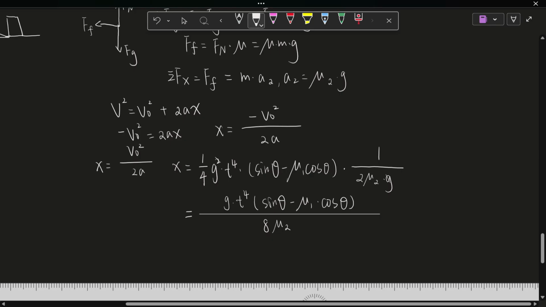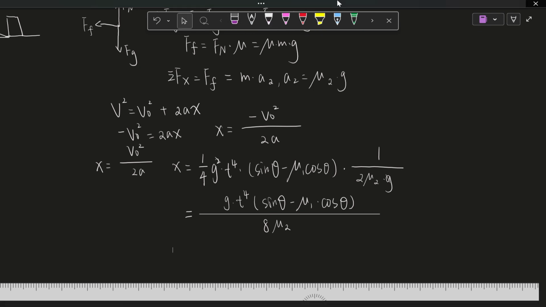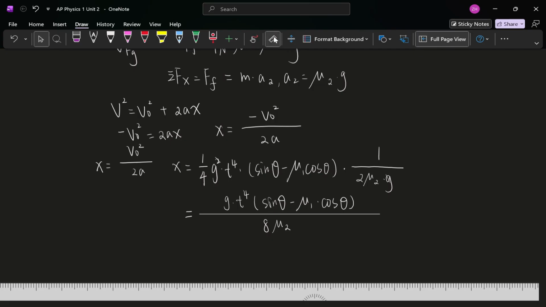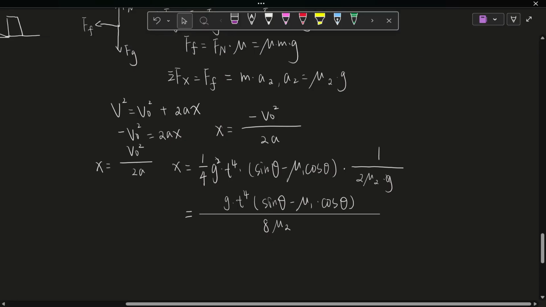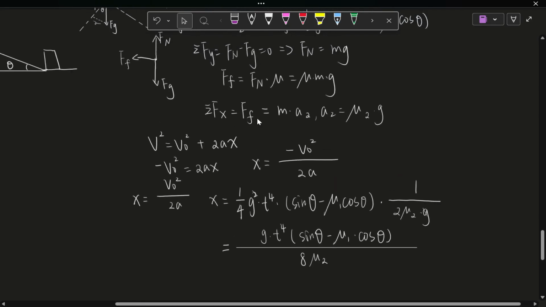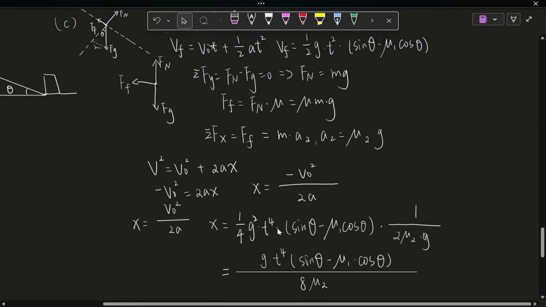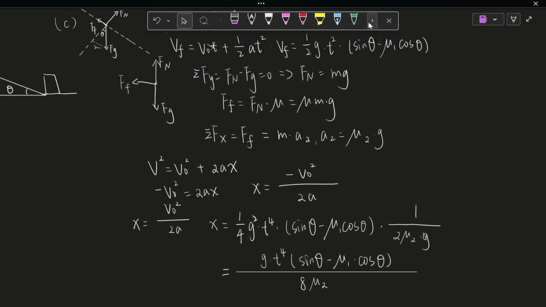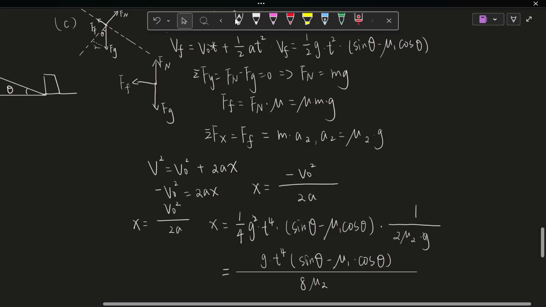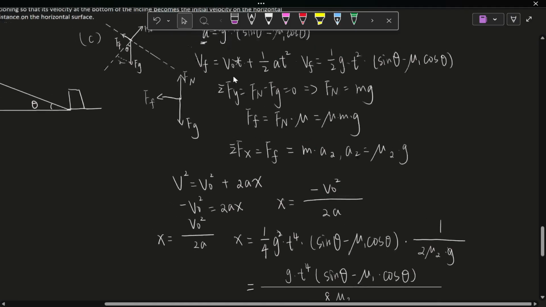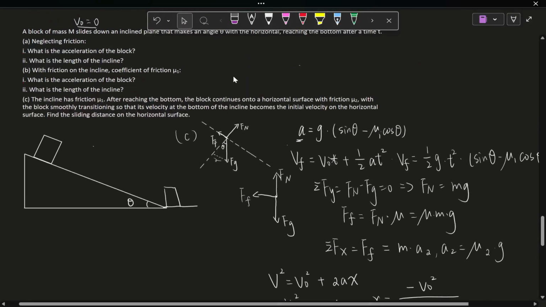And this is your answer for the last part. On the actual test, I think for AP1, your teacher will usually give you the numbers, so you really don't need to find the expression, but I still highly recommend you to do it and to understand it because it can improve you by a lot.